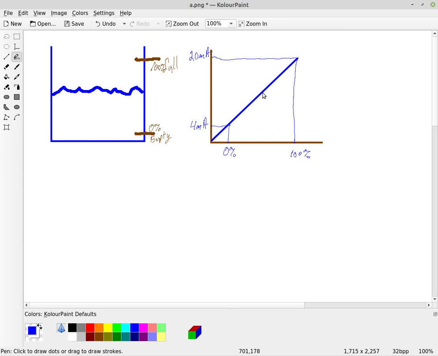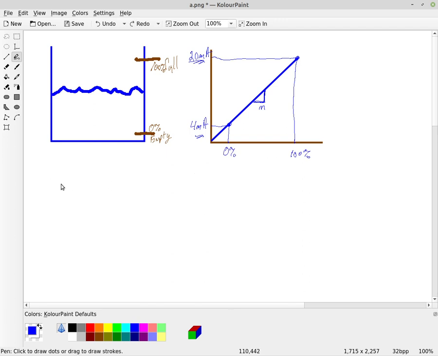And so when we do scaling, number one, we're looking for the slope of this line first. The slope of the line is the rise, the amount in the y minus the amount in the x.